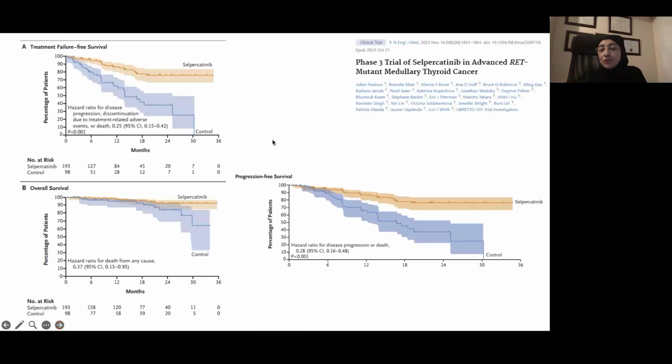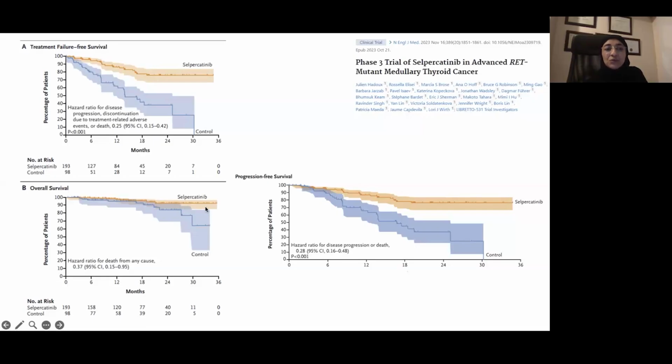Let's move on to breakthroughs in cancer. This is a phase 3 trial outcome of selpercatinib in advanced RET-positive medullary thyroid cancer. What you see here in terms of overall survival is that patients with a positive RET mutation did very well while on selpercatinib.